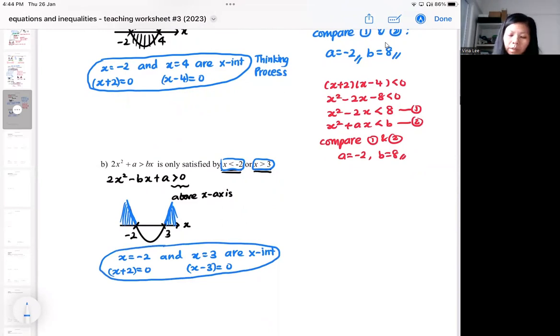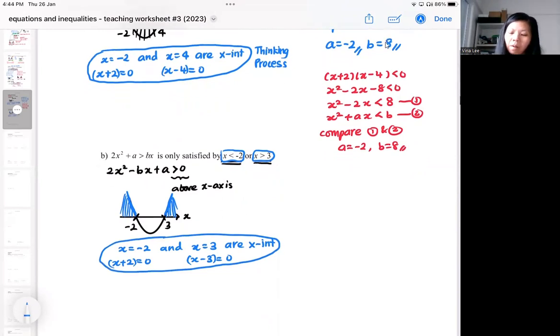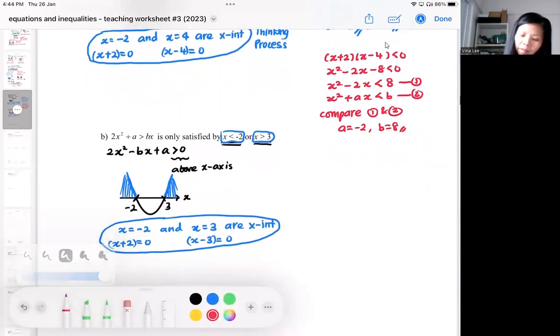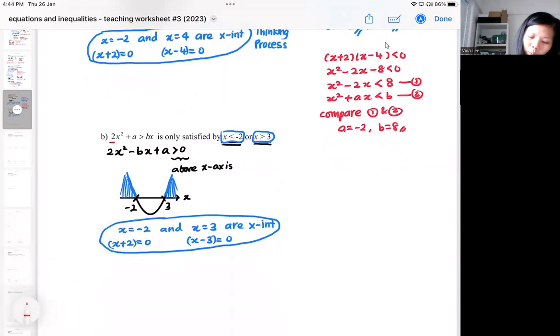Okay, this question is a little bit tricky. Right now I've got the two brackets already, but you must realize the coefficient is actually a 2. If I use my two brackets alone, I cannot get 2x squared; just based on these two brackets, I will get x squared.